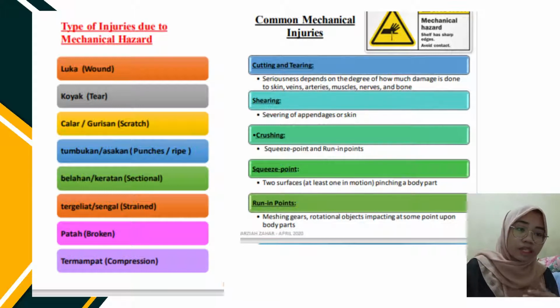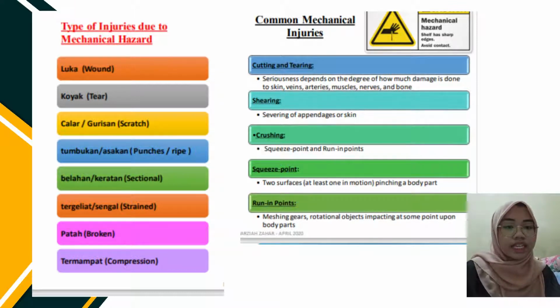A mechanical part can move too fast for you to escape once you have become entangled in a pinch point. And we also have a run-in point, with a machine gear or rotating object impacting some part of our body. So these are the types of injury due to mechanical hazard.